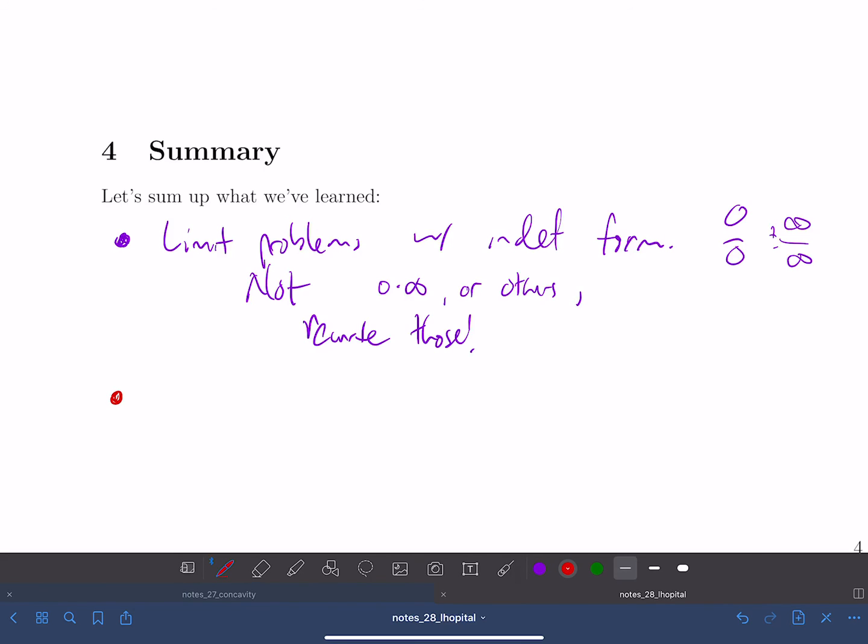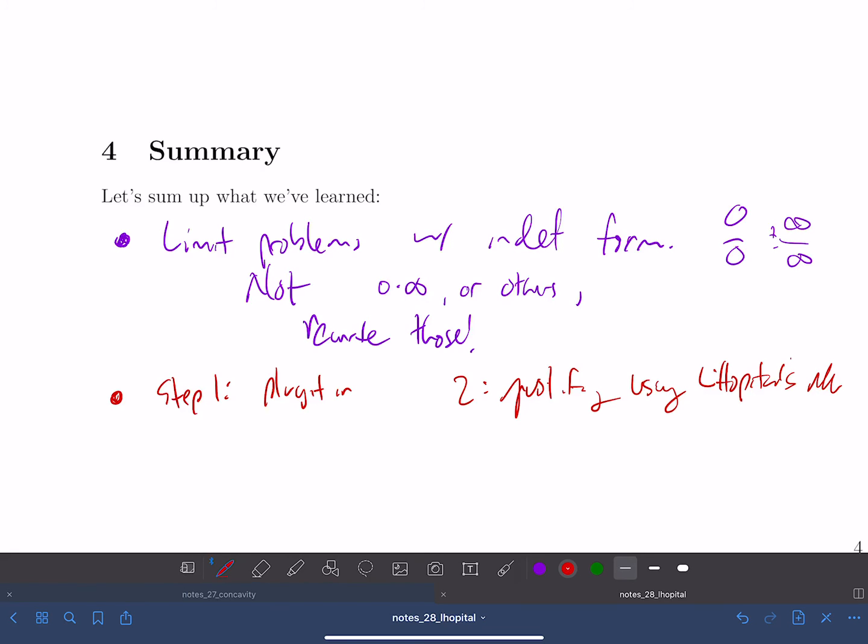All right, so step 1, plug it in. Step 2, we're going to justify using L'Hopital's rule if in fact we're going to use it, because maybe step 1 reveals that you don't have to.